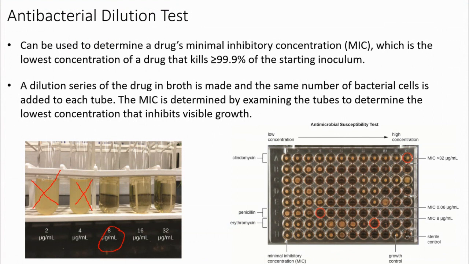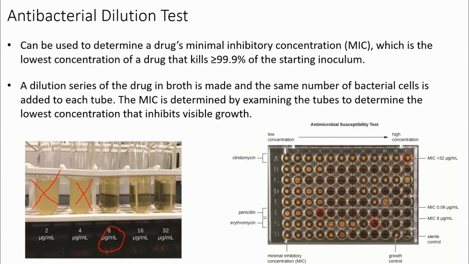And when you take out the tubes the next day, you look to see where there's growth. So the 2 tubes on the left, those dosages are too low to be helpful to a patient, because look how much bacteria grew even when that drug was present. So we know that's not a potent enough concentration.